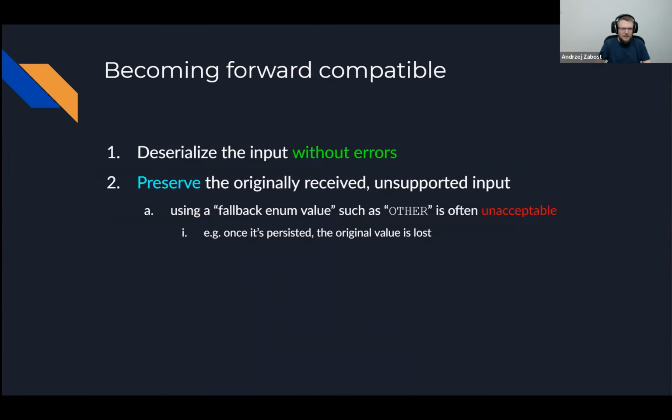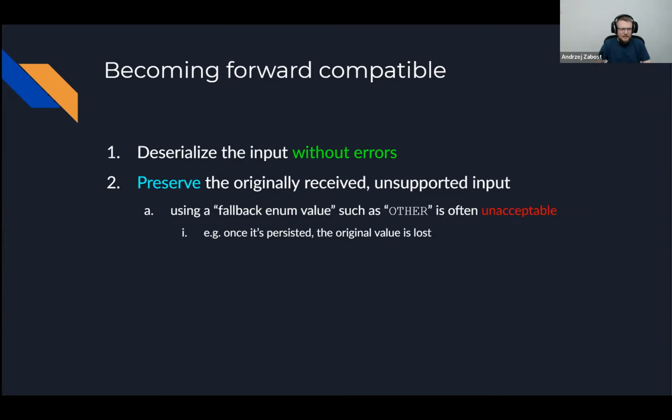Okay, in practice, this whole forward compatibility often boils down to first being able to deserialize the payloads without errors, and second, being able to preserve the originally received input that we don't really support and we don't understand.